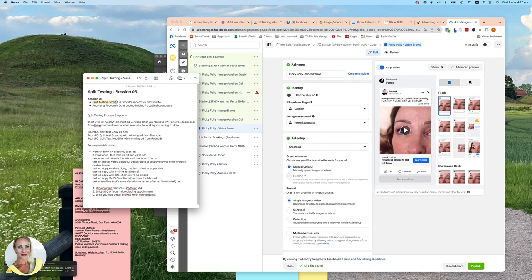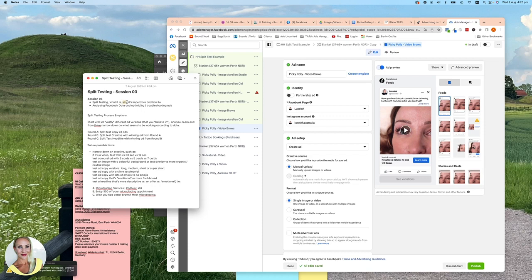So essentially what split testing is, it's also called A/B testing in marketing language. And why it's imperative, it's essentially to test different ad variations and then find out what works better. So we're testing and learning, and the only way to improve ads, find out what's actually working, is to test different variations.